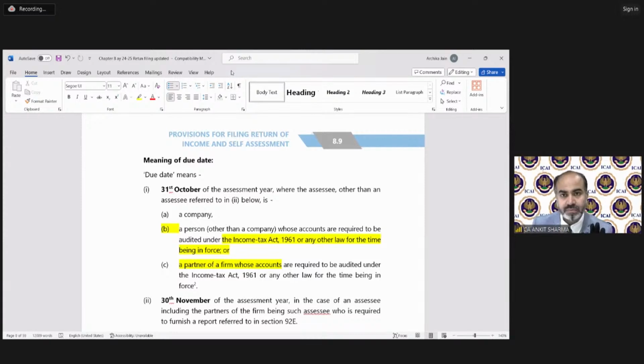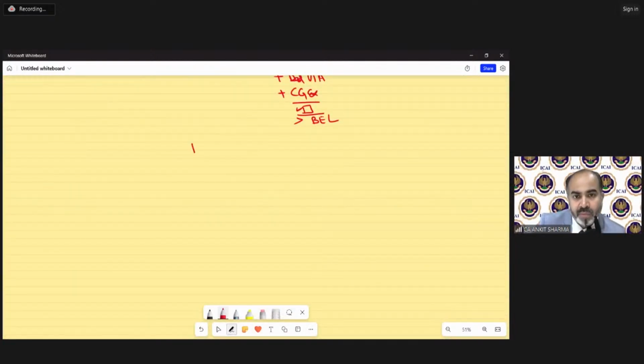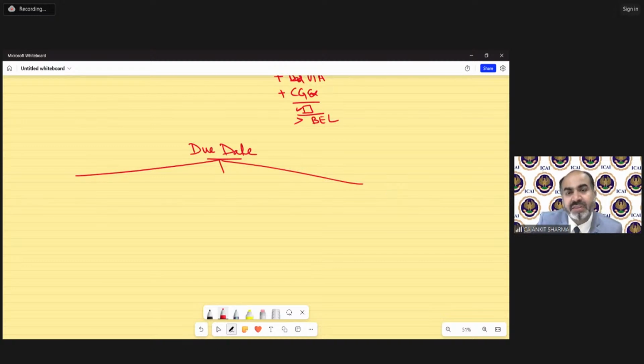The provision says that the due date is 31st October for a certain category of persons, 31st October of the assessment year, 30th November for a certain category of persons, and 31st July for others.